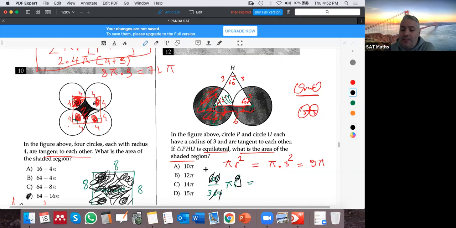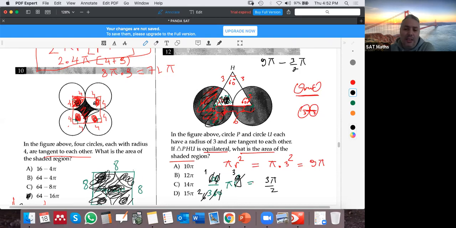What is left? 1 is here, 6 is here. 6 divided by 3 is 2, 9 divided by 3 is 3. So 3 pi over 2 is left. So from 9 pi, which is the whole circle, minus this section, which is 3 over 2 pi, when I subtract, I will get this region.